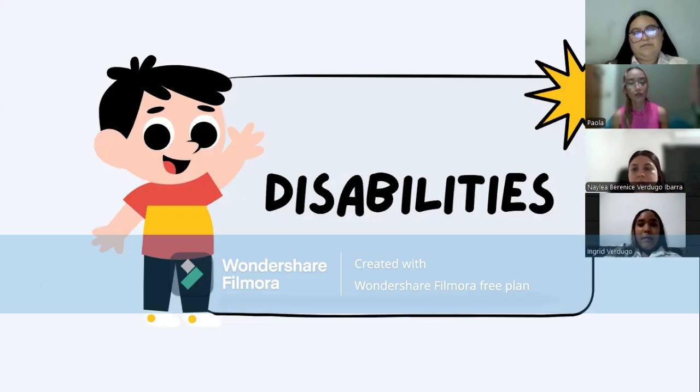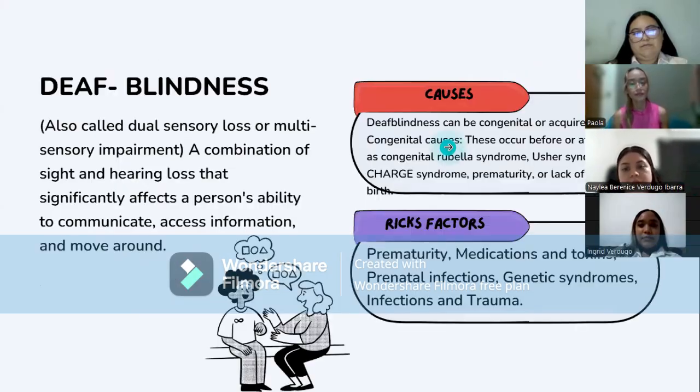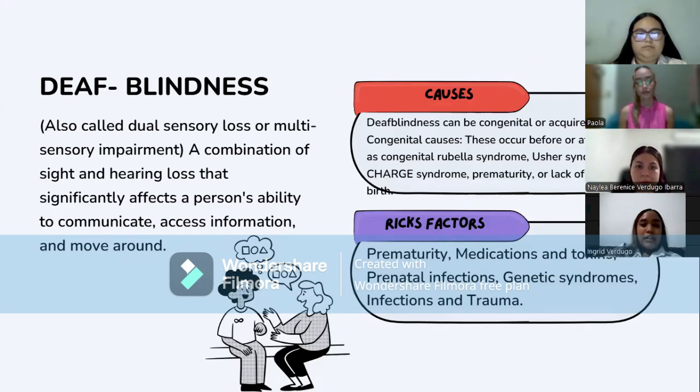Now I will talk about the disabilities. Deafblindness, also called dual sensory loss or multisensory impairment, is a combination of seeing and hearing loss that significantly affects a person's ability to communicate, access information, and move around.